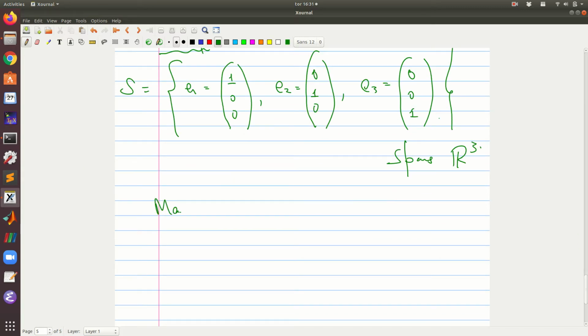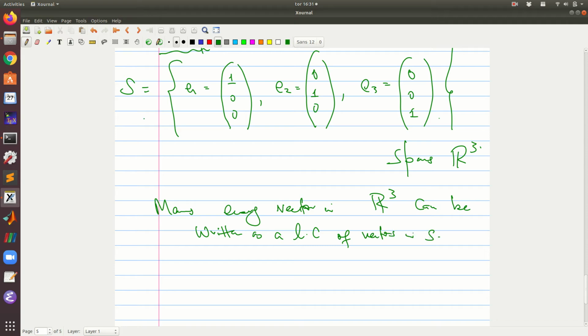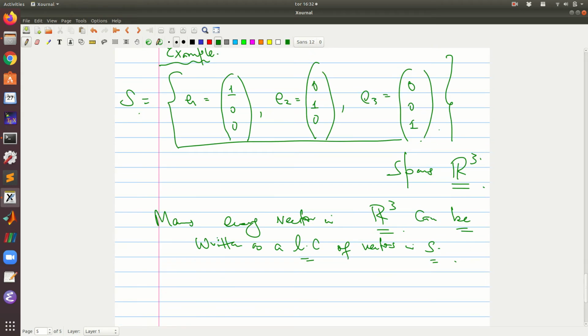it means that every vector in R3 can be written as a linear combination of the vectors in S. The set S given by this spans R3, which means every vector in R3 can be written as a linear combination of the vectors in S. So you can think about any vector in R3.